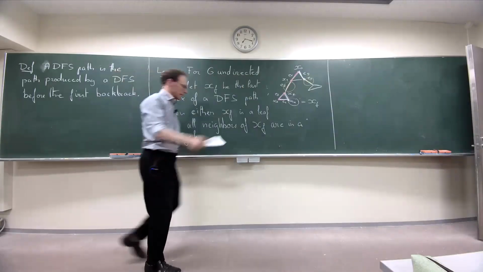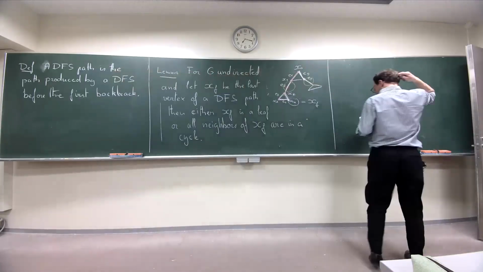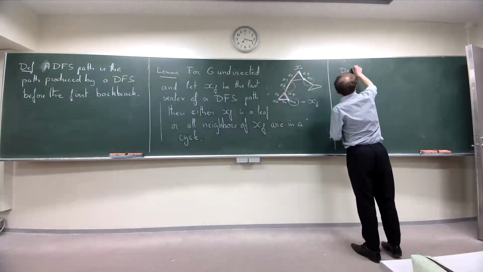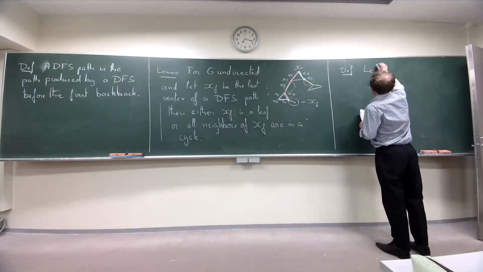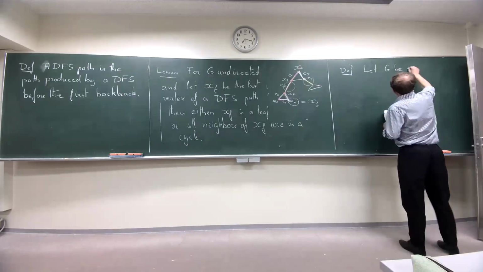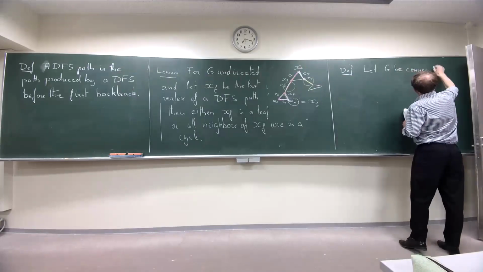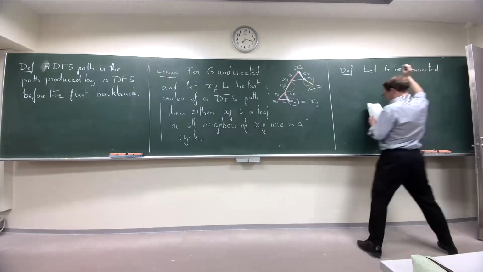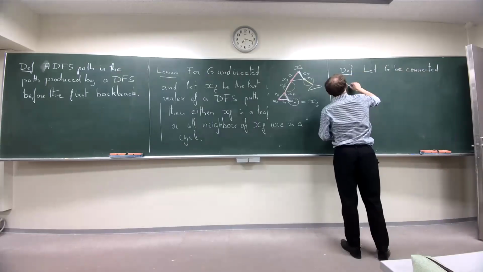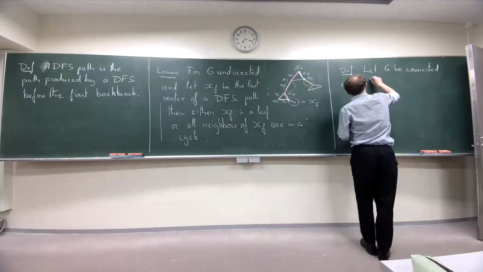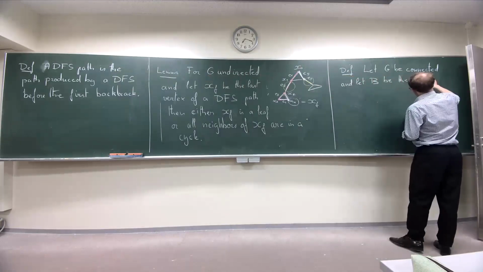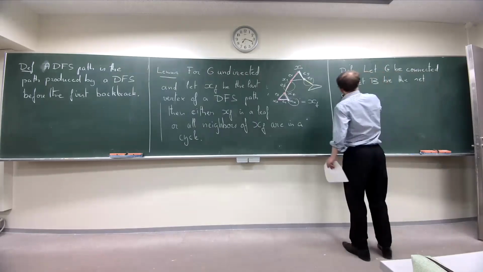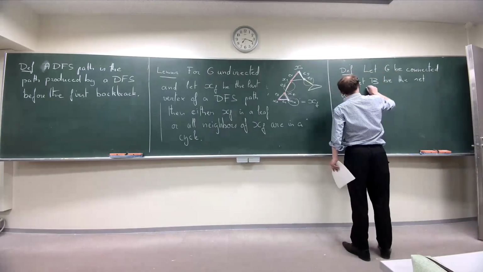Now, I need to be more precise about this picture. Definition. Let G be connected, and let B be the set of all bridges.